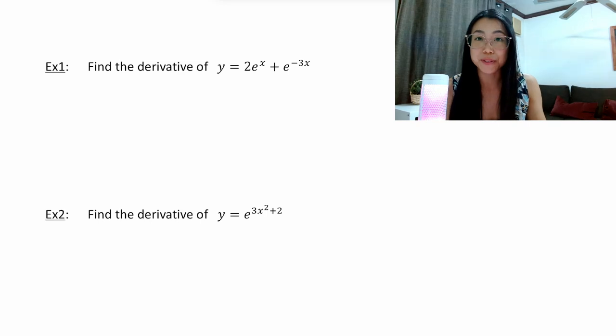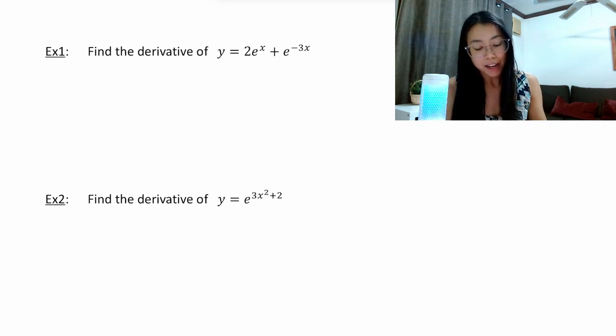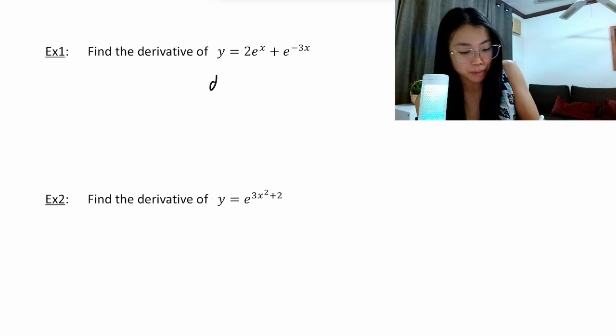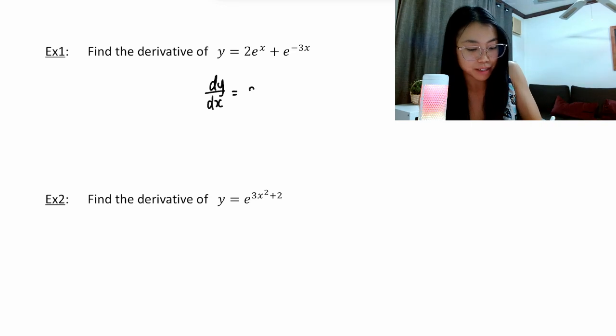Let's do some examples. Example 1, find the derivative of y equals 2 times e to the x plus e to the minus 3x. So in this case, dy dx is going to be equal to 2 times e to the x.